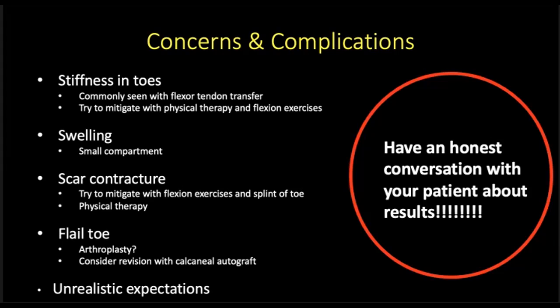Lastly, unrealistic expectations. You really have to have a conversation with your patients about results. You can do a fantastic surgery for these patients. It looks great. And then over time, the toes may drift. And this is just something that you need to talk to them about. Toes are not easy. One of the harder procedures that we do.